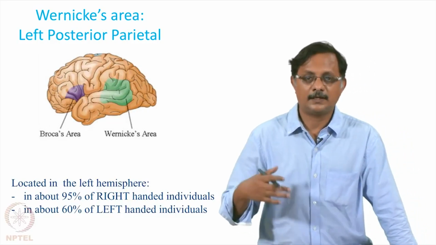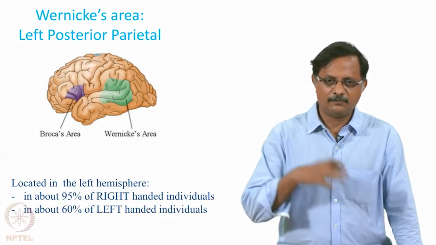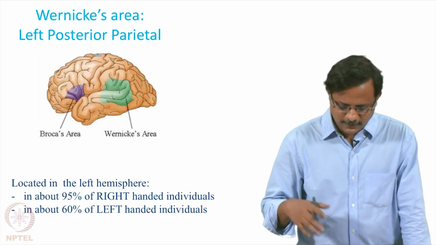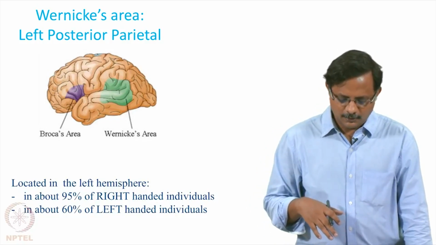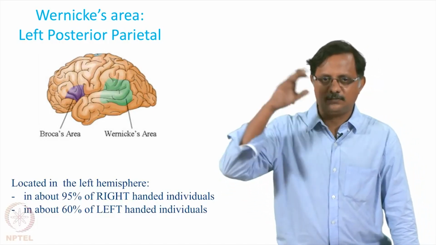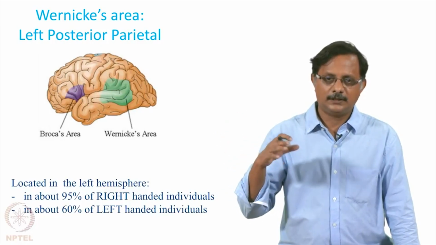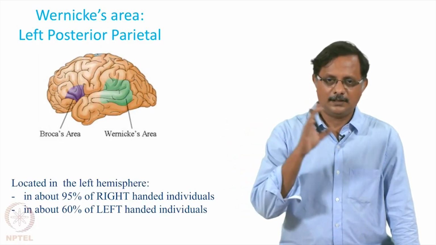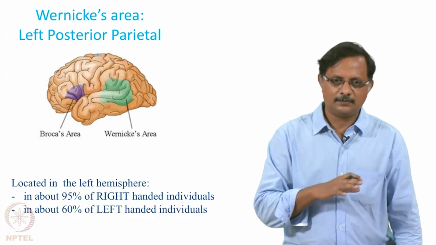So, 95% of right handed individuals have this Wernicke's area located in the left brain, and in about 60% of the left handed individuals it is also located in the left brain. Okay, so until now the basic sensory processing occurs in both sides of the brain, in both hemispheres, but language processing seems to become unilateral. It is only on one side, it occurs mostly in the left side of the brain.